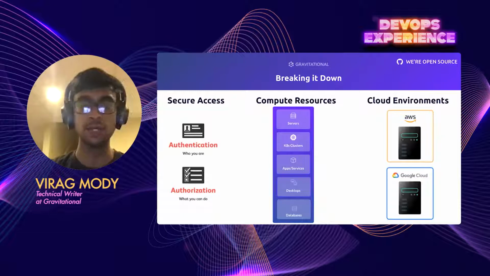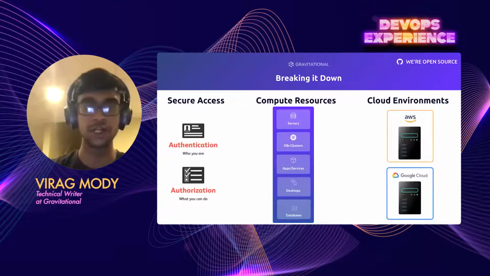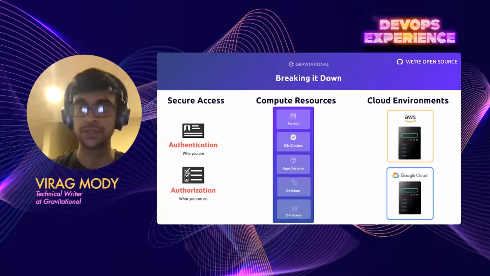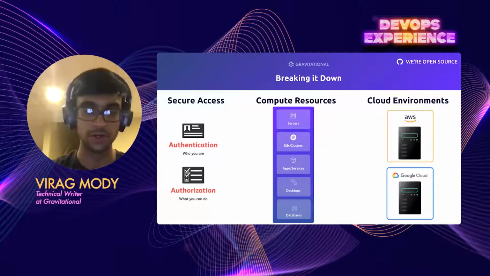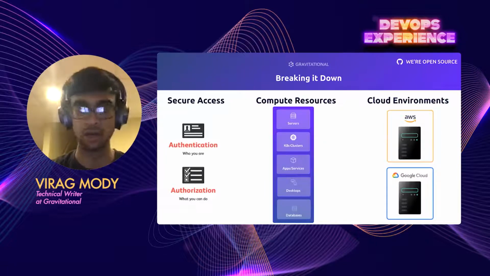The next segment has to do with compute resources. By compute resources, I just mean any type of infrastructure resource that has a processing capability. In the cloud, we're mostly talking about virtualized resources: servers, clusters, apps, databases. But then you also have your hardware component, whether it's desktops or other devices in your network.